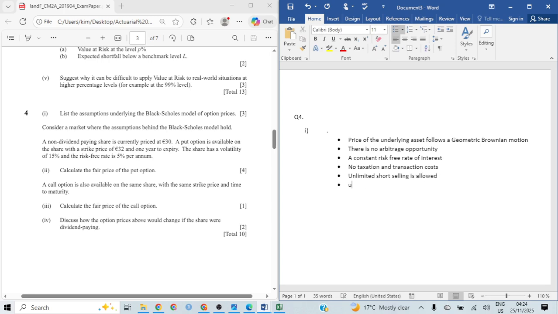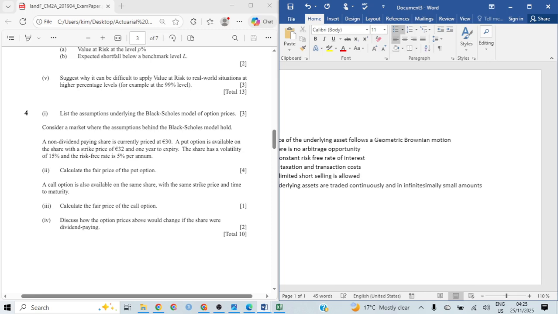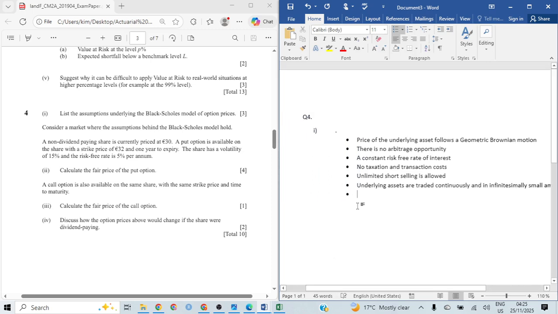And the very last point is underlying assets are traded continuously and in infinitely small amounts. And with that, you have your 3 points, a very easy 3 points.